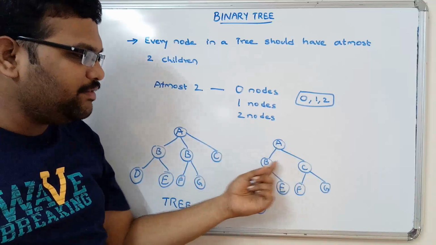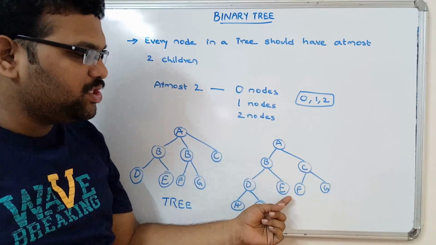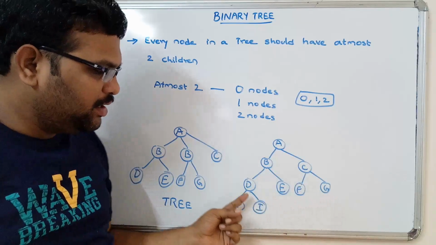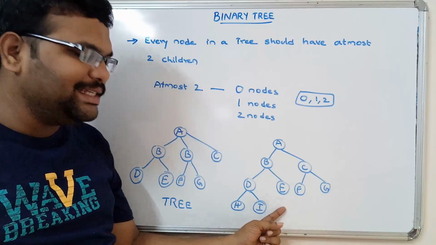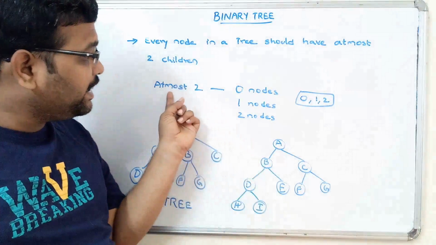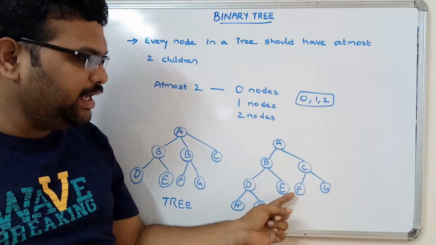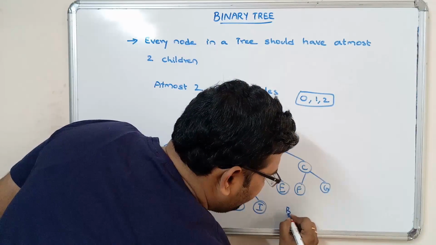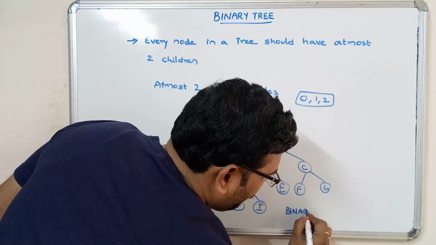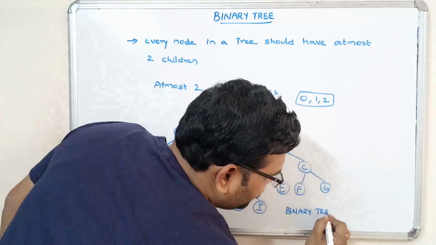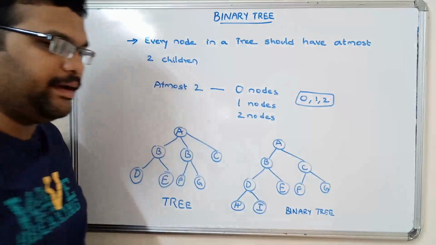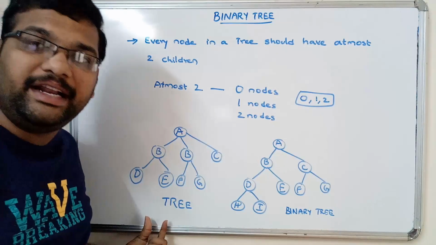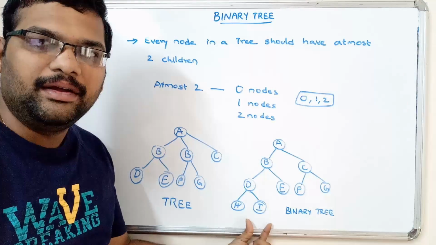So A is having 2 children, B is having 2 children, C is having 2 children, D is having 2 children, and E is a leaf node. So it can also have 0 children. So E, F and G. This is called a binary tree. So this is the difference between a tree and a binary tree, right?